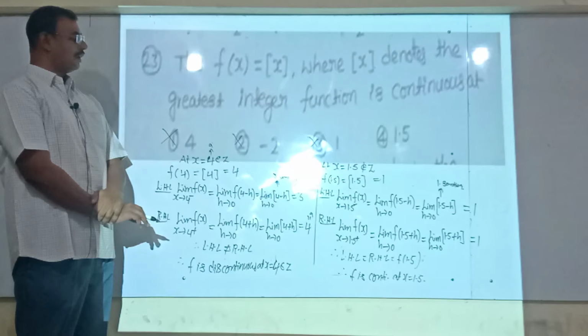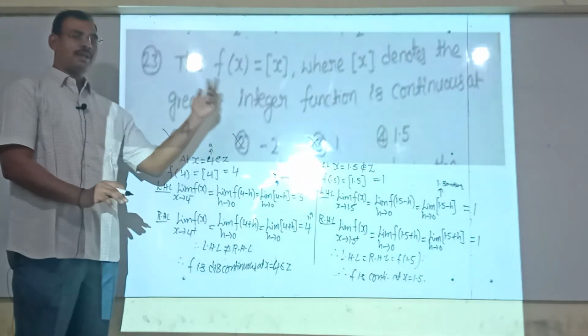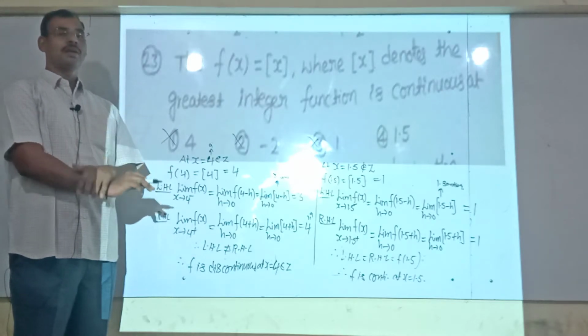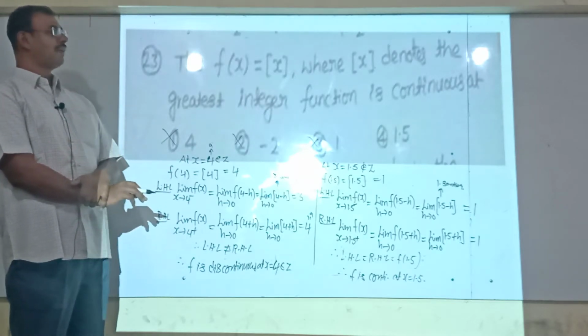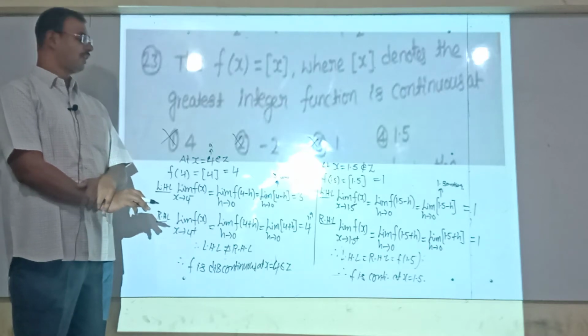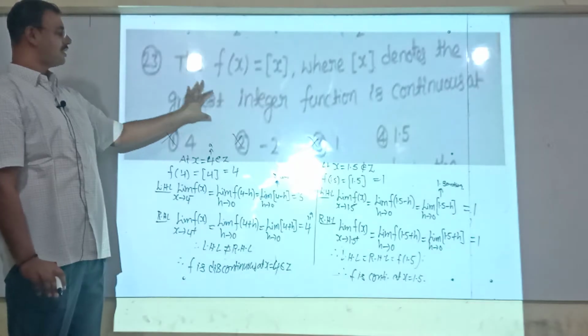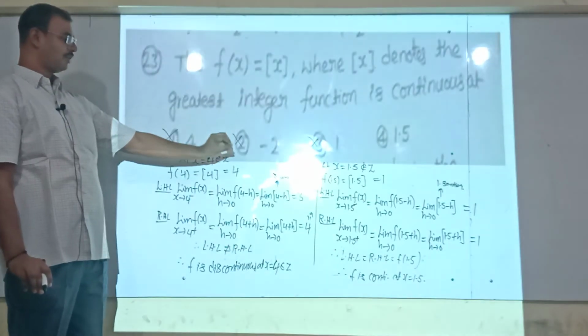Next, at any non-integer, the greatest integer function is always continuous, and the number of points of continuity is also undefined. This is about the greatest integer function model.